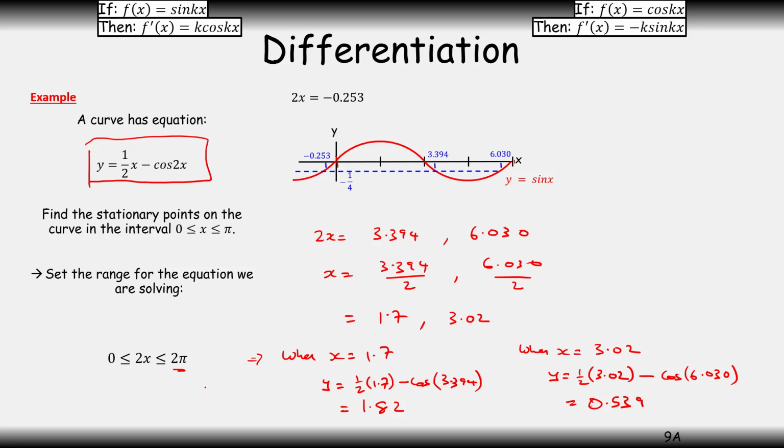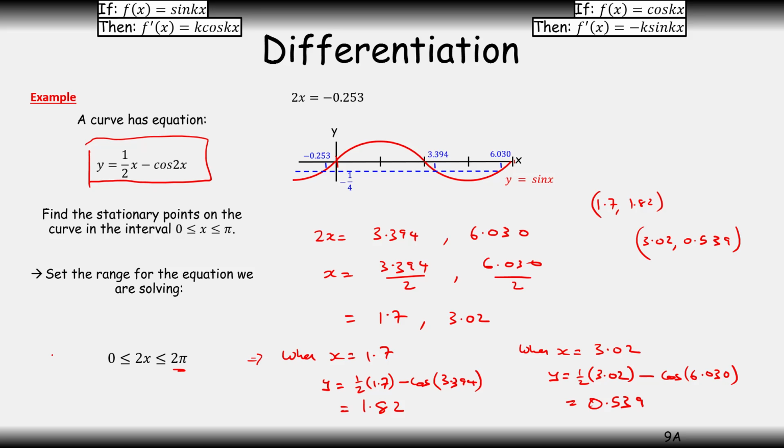Okay, so we've got our coordinates: 1.7 and 1.82, one set of coordinates, and we've also got 3.02 and 0.539.